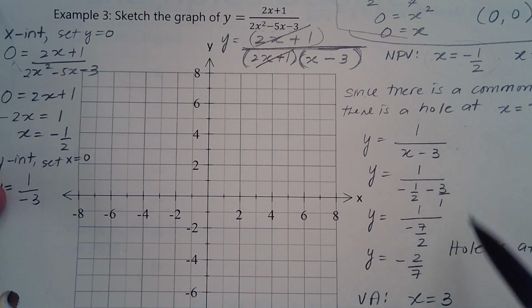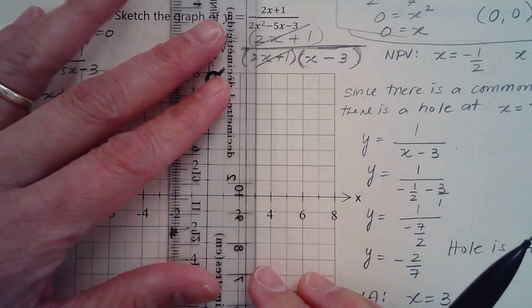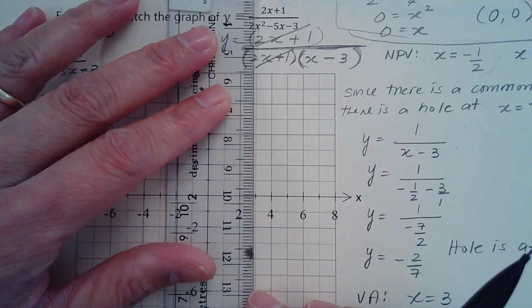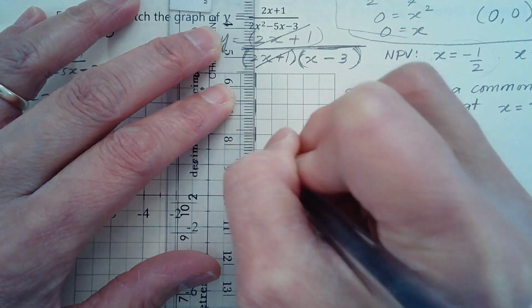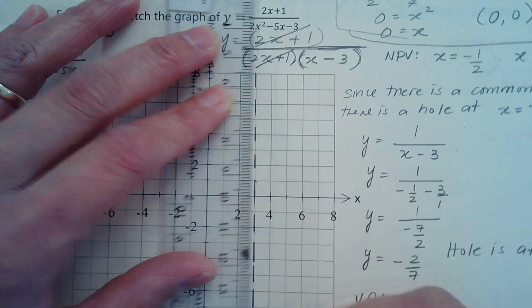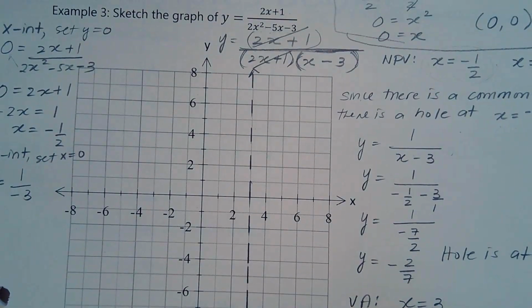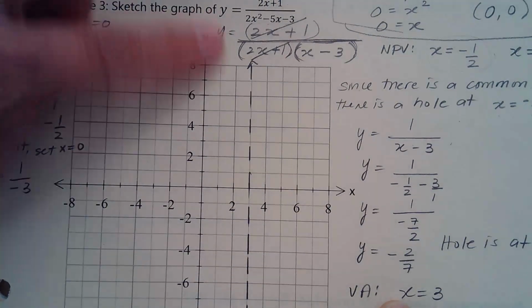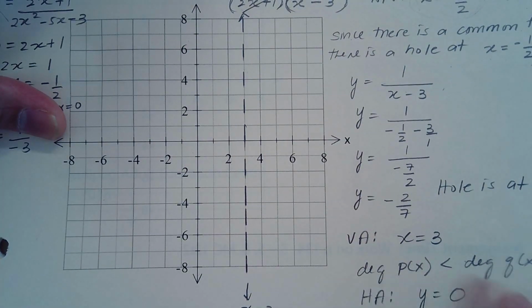Vertical asymptote at 3. So that's going to be x equals to 3.